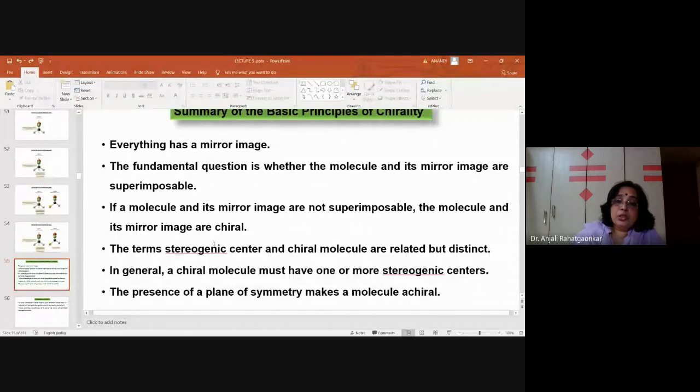Then the stereogenic center, this term is also involved. इसमें से सिर्फ 3 चीजें हमें की पॉइंट्स हैं। एक तो है सुपरइम्पोजिबिलिटी, दूसरा है स्टीरियोजेनिक सेंटर, और तीसरा है प्लेन ऑफ सिमेट्री। ऑलराइट, these are the 3 key words for the chirality and the achirality of the molecule.